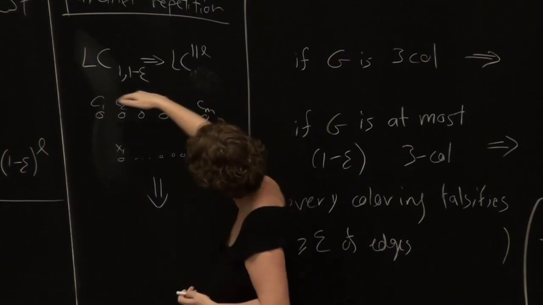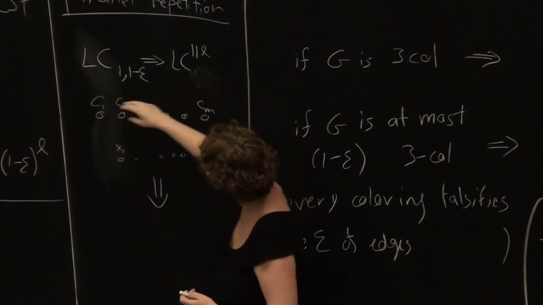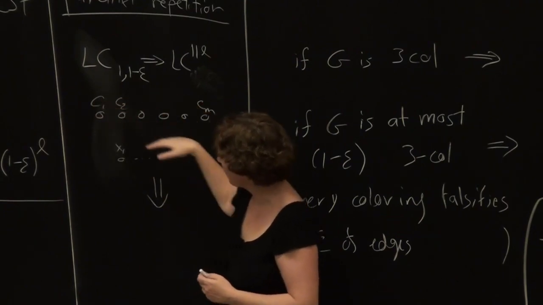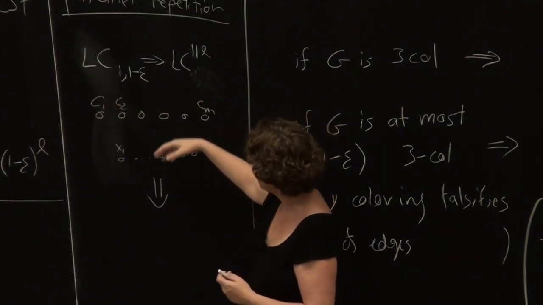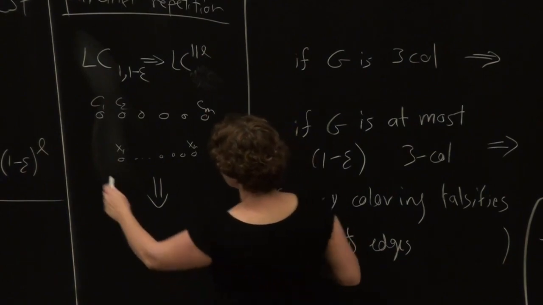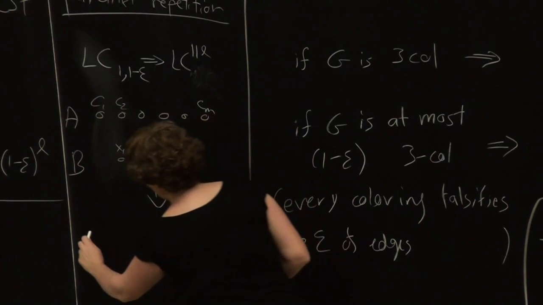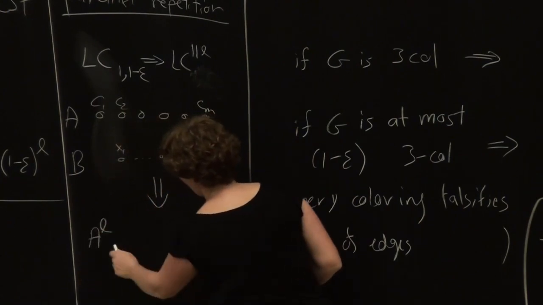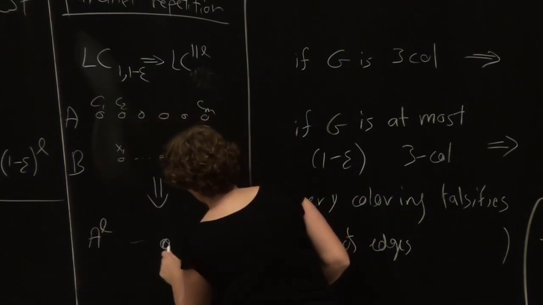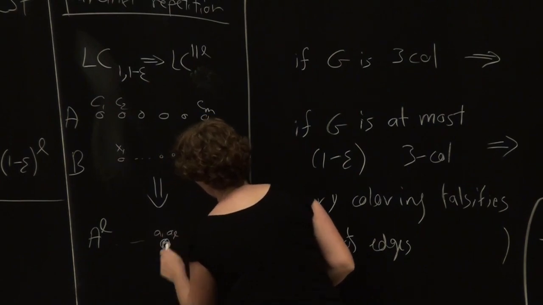If you forget about the fact that these are clauses and these are variables, just think of a bipartite graph where you need to assign labels to both sides. Call this side A, and this B. The construction will have A to the L here, so every vertex will be A1 up to AL.